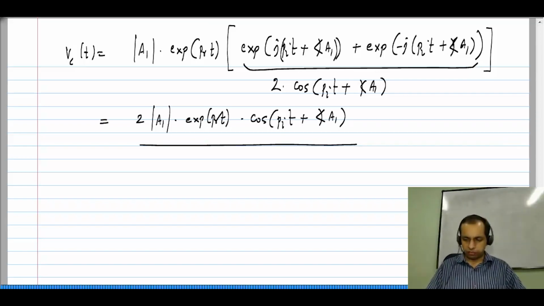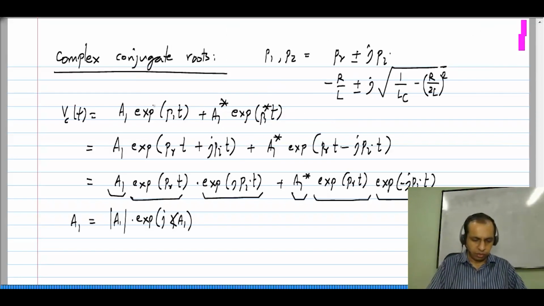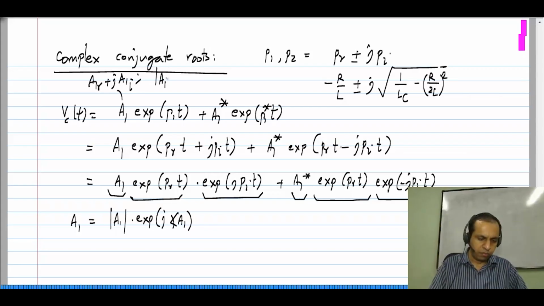So again you have 2 constants. Originally we had A1 and A2. Now we have A1 and A1 conjugate, but A1 itself has the real and imaginary part, A1R and j A1I, or the magnitude and the angle.